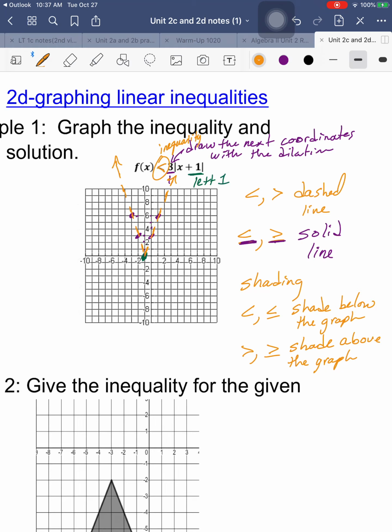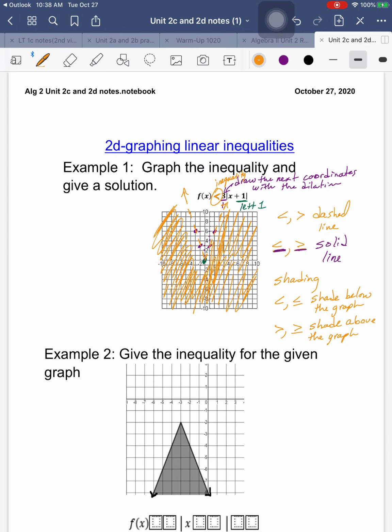So what do we have here? We have a less than symbol. So that means we shade what's below it. It's on the outside of the V is below the line. So we're going to shade on the outside or below the graph. So there we go. And now we got to give a solution.